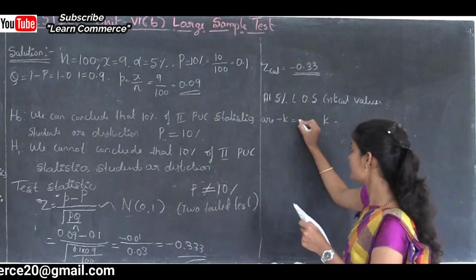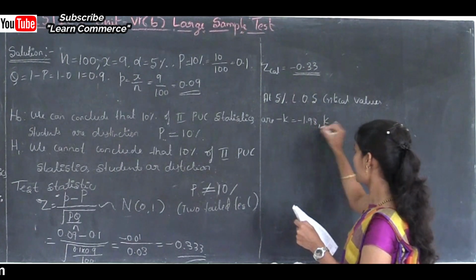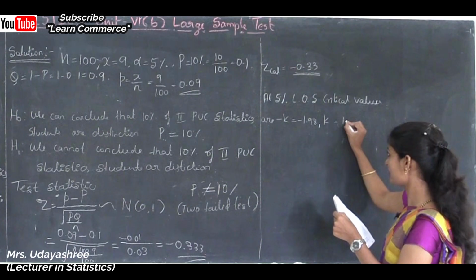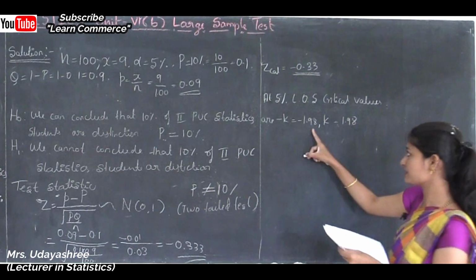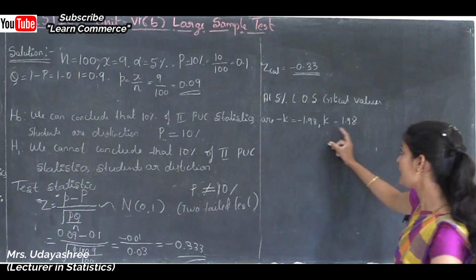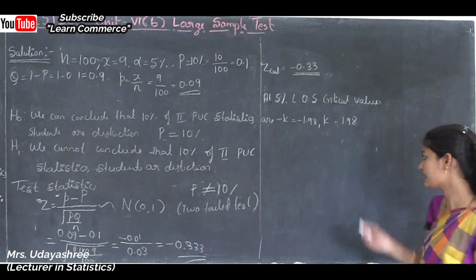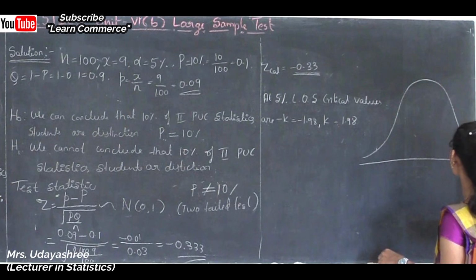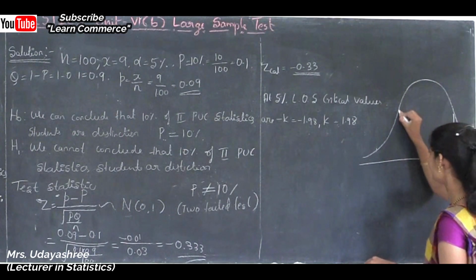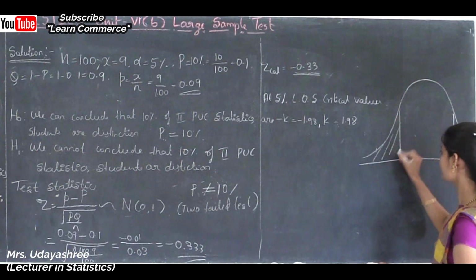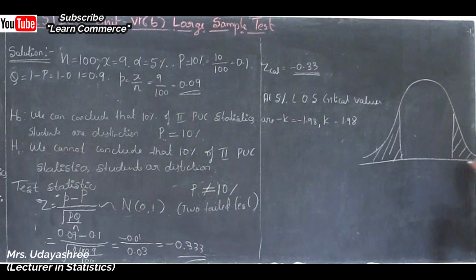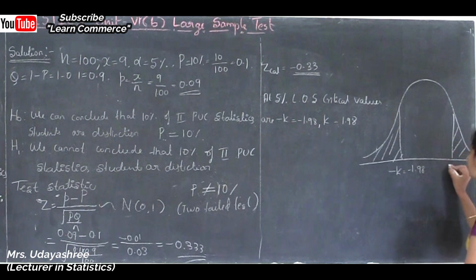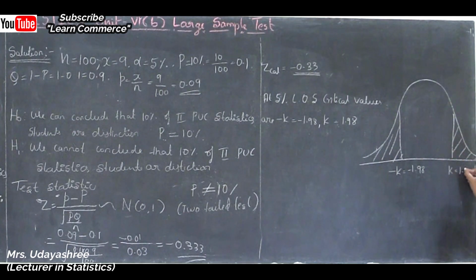So k values are minus 1.98 and one more k value is 1.98. We know that in two-tailed test, rejection region located both the tail of the probability curve. So this is rejection region and this is rejection region, and this is minus k value, that is minus 1.98, and this is k value, that is 1.98.